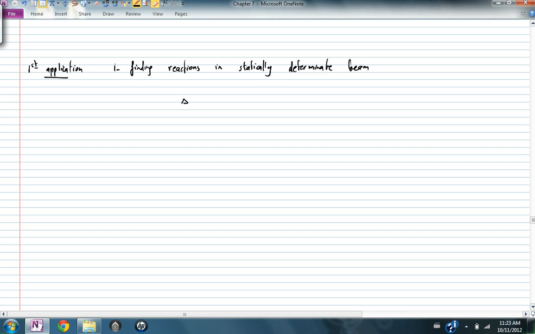So we had, for example, a simple beam with a load. We moved the beam by an arbitrary displacement, and we wrote the equation, the external virtual work is equal to the internal virtual work, and from which we found the reactions.